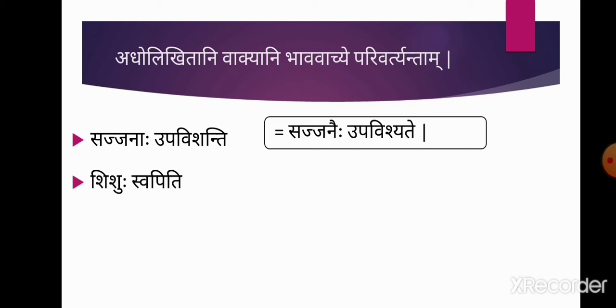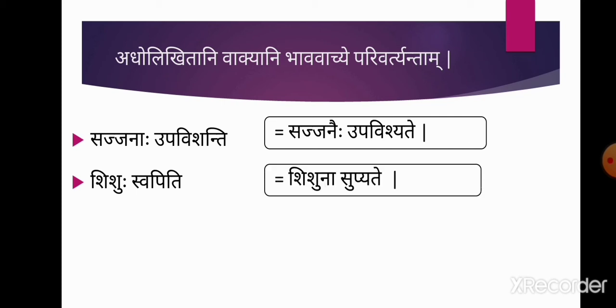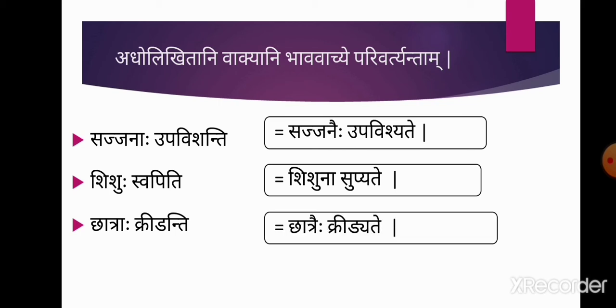The next one is Shishuhu swapiti. And the answer is Shishuna supyate. And the last sentence is Chhatraha kridanti. And the Bhavavachya form of the sentence is Chhatraihi kridyate. I hope you thought of the same answers.